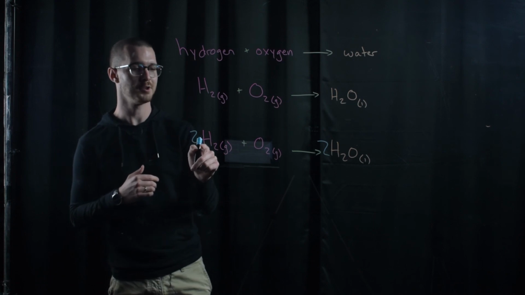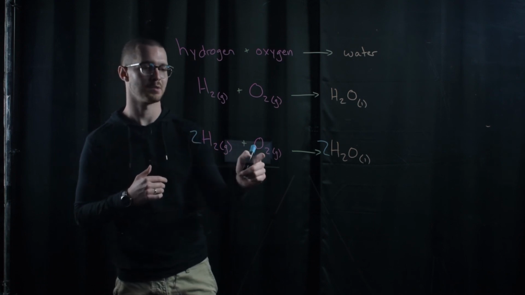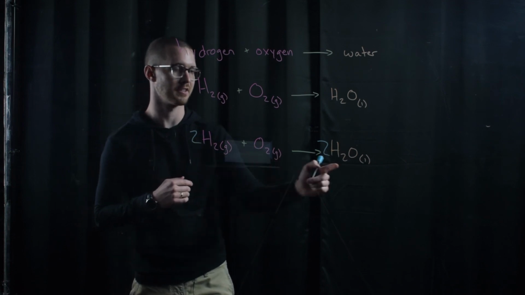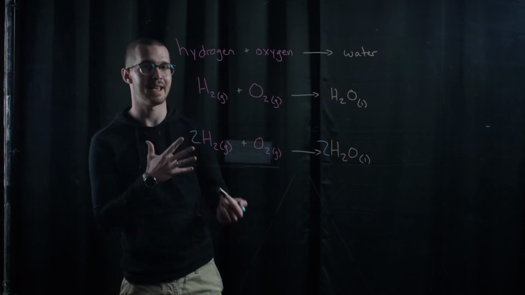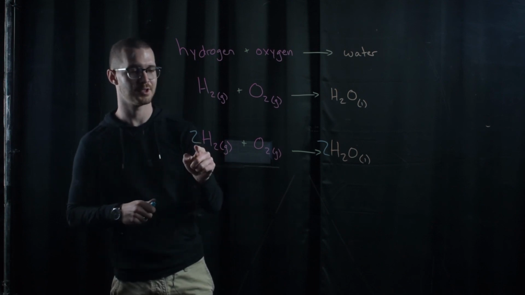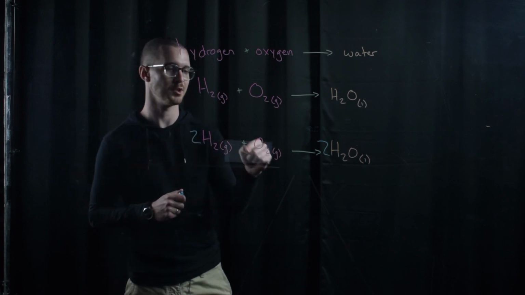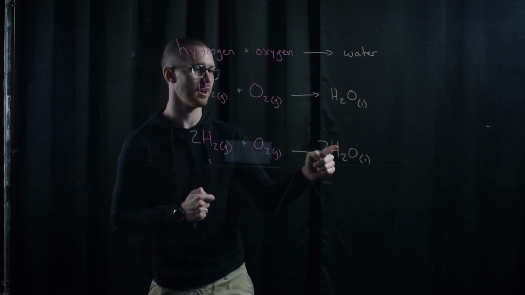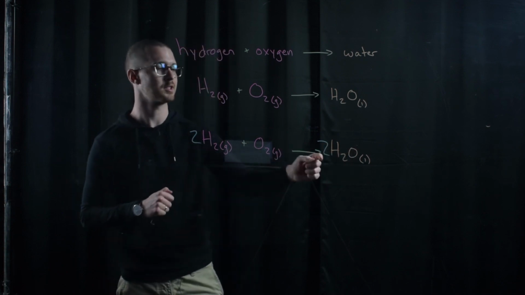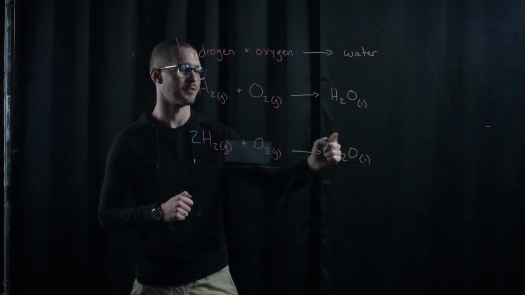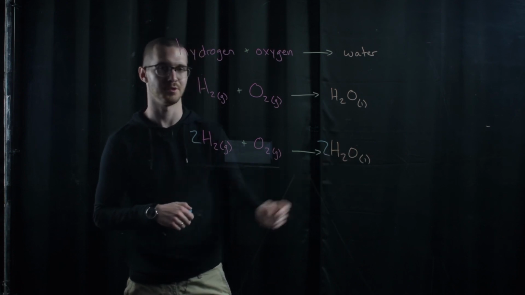I have 2 hydrogen gas molecules reacting with 1 oxygen gas molecule to give me 2 liquid water molecules. Now if I look at just the atoms involved, this tells me that I have 2 H2, which means I have 4 hydrogen atoms reacting with 2 oxygen atoms to give me 4 hydrogen atoms and 2 oxygen atoms. Because this coefficient of 2 is for all of this. So that means I have 2 waters, which means I have 4 hydrogen and 2 oxygen here.